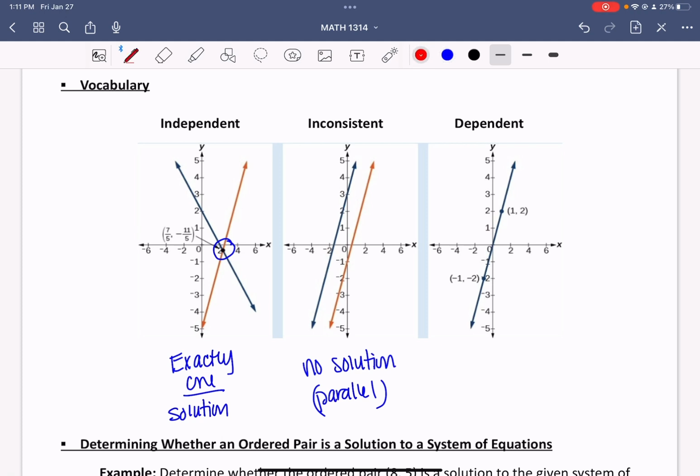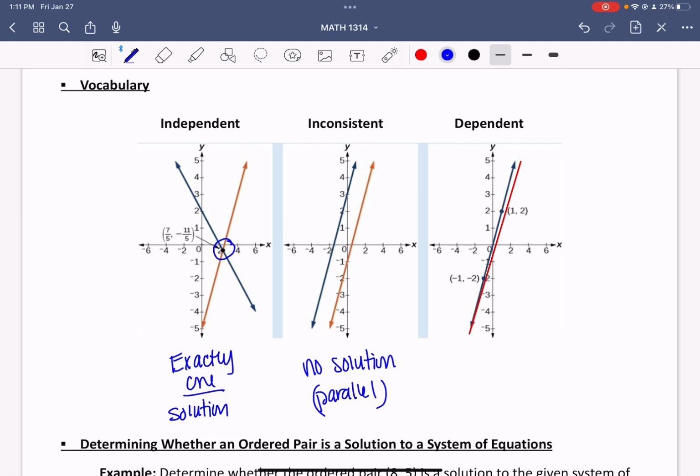Now, you can't see it as well on top of this one, but I have that blue line. That's my first equation. Then I graph the next one, and it graphs perfectly on top of the other line.